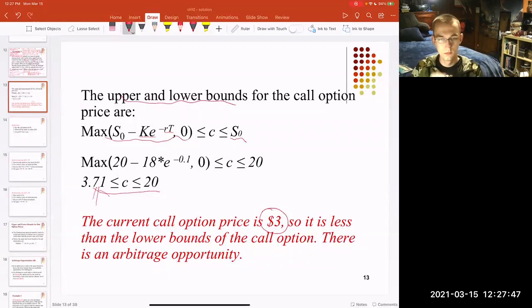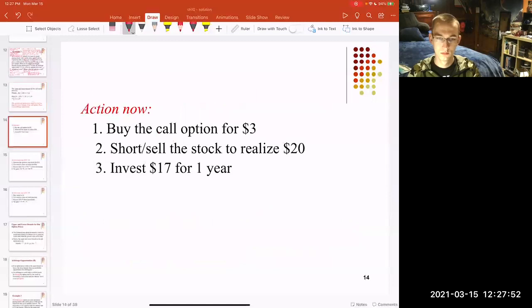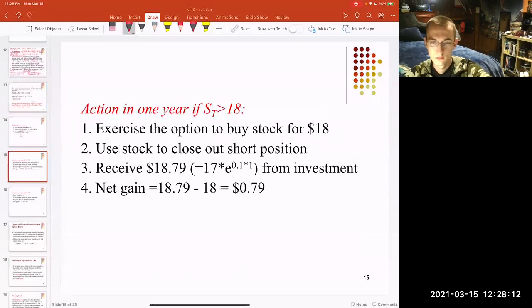Because it is lower, you have an arbitrage opportunity. And then for the actions, you have action now: you're gonna buy the call because of the lower market price, and short the stock, and you invest $17. So you need to know how to get 17, which is the money you receive minus the money you pay. Okay. And the action in 1 year.